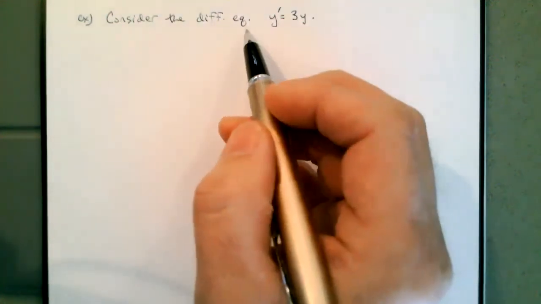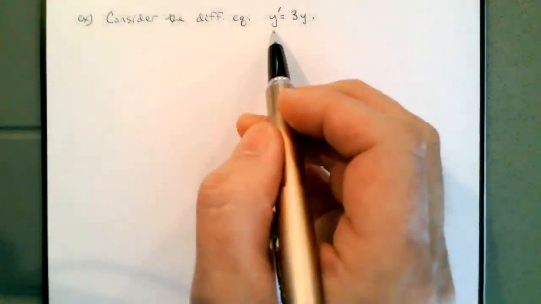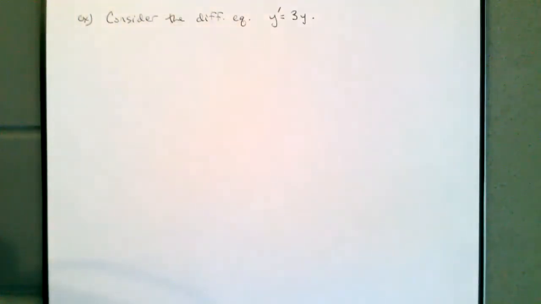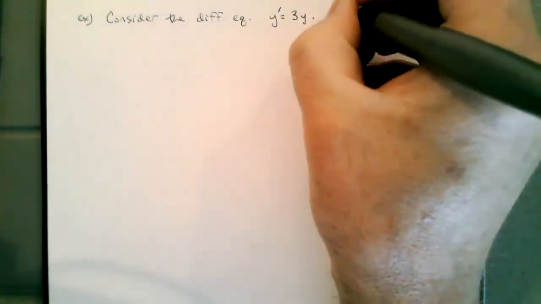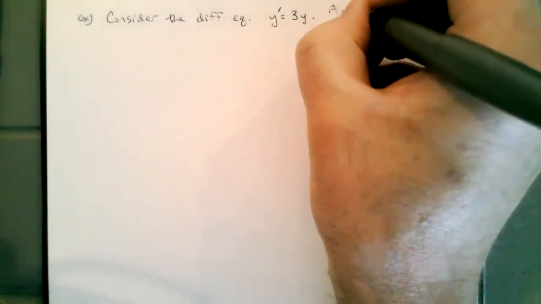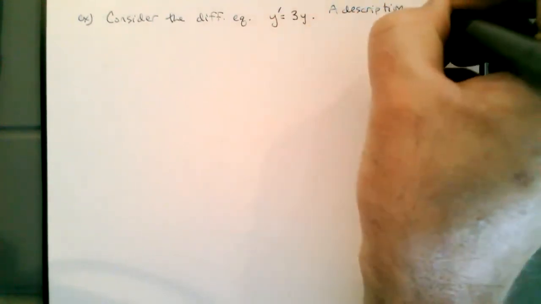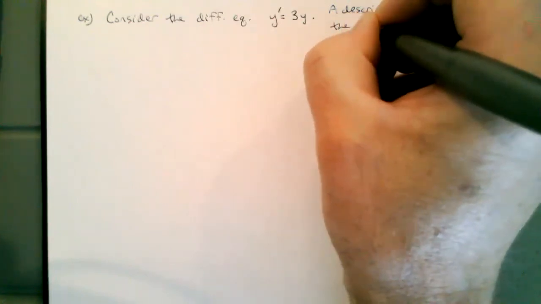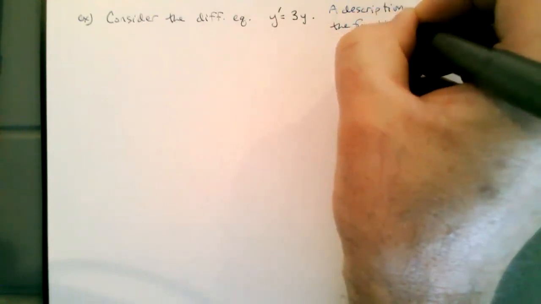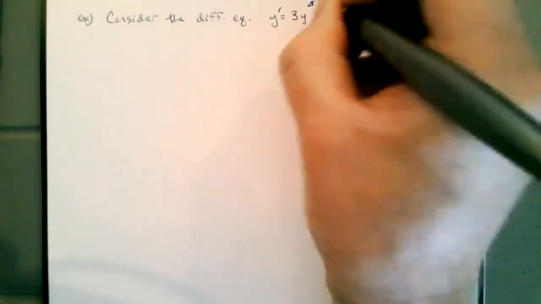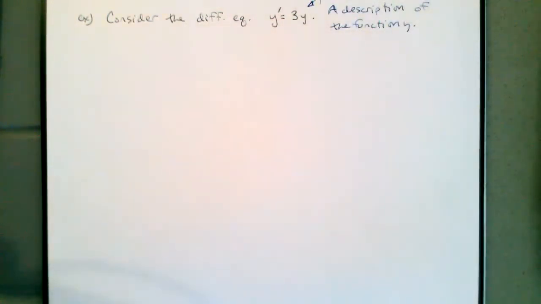Similarly, here's an equation involving a function y and its derivative y prime. It's just a description of the function y. So notice that this differential equation is a description of the function y.